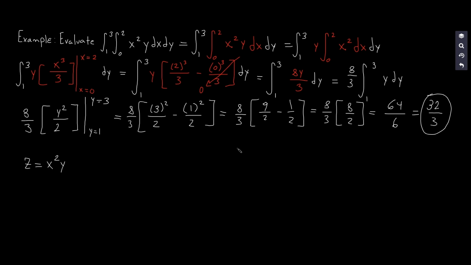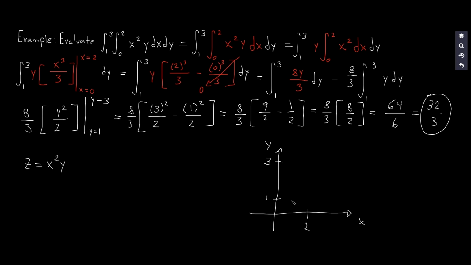So let's see here. We're going to do our xy plane. And we did x first. x went from 0 to 2. Maybe like this. And then y went from 1 to 3.